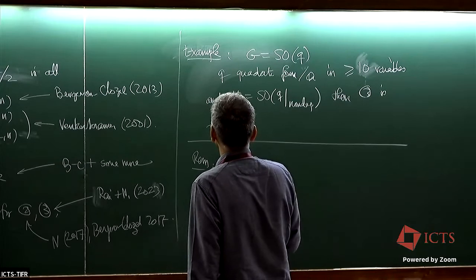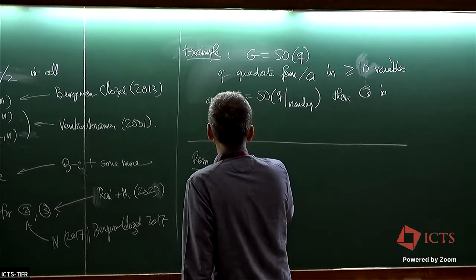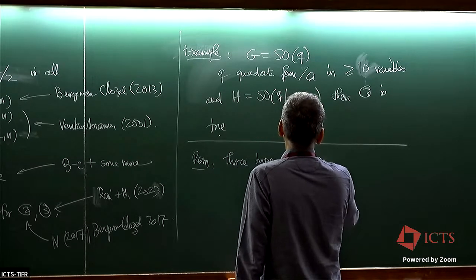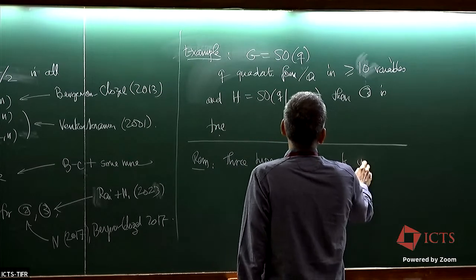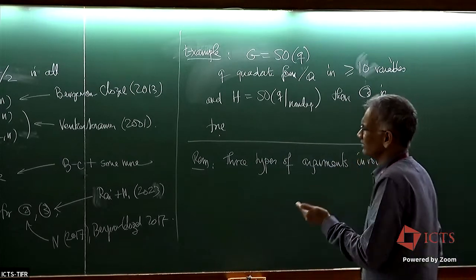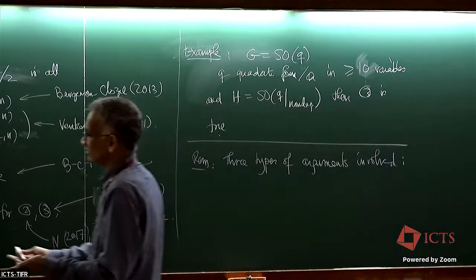So the remark: there are 3 types of methods. Very broadly, all these methods are Hodge theory of some kind.